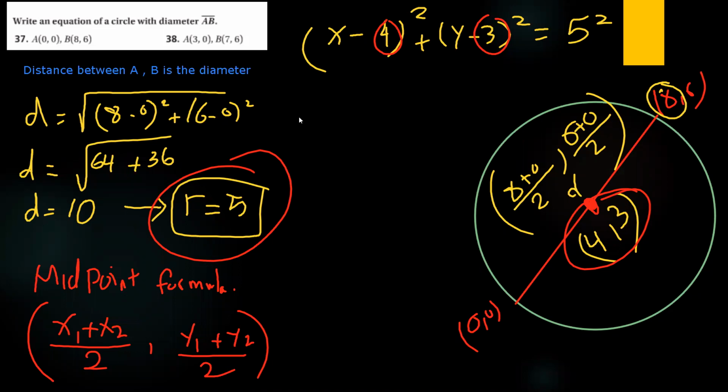Teacher, 38? Yes, here. If A is 3, 0 and B is 7, 6.